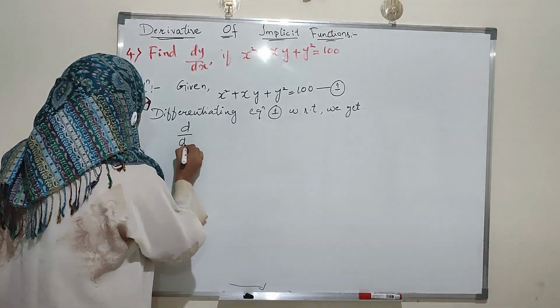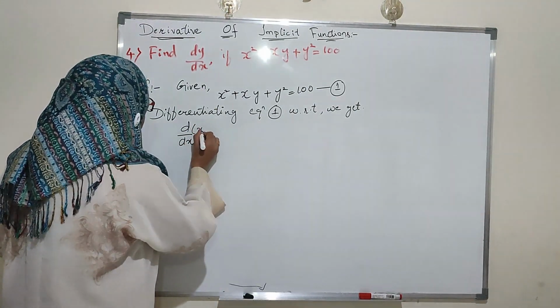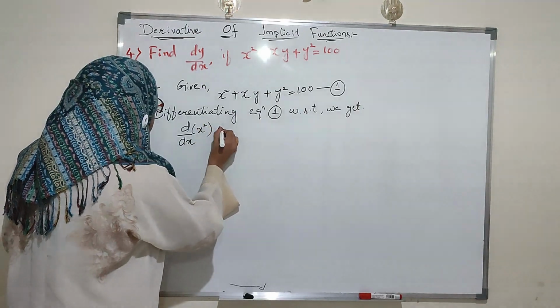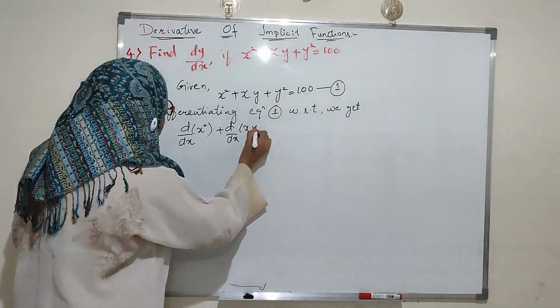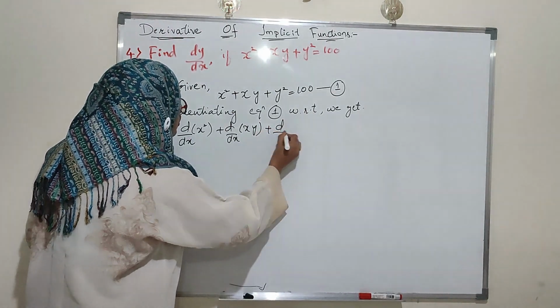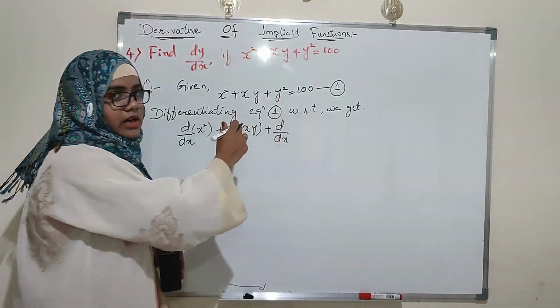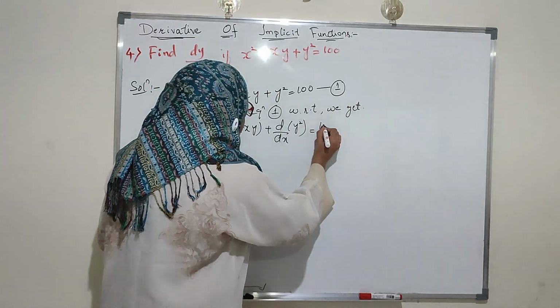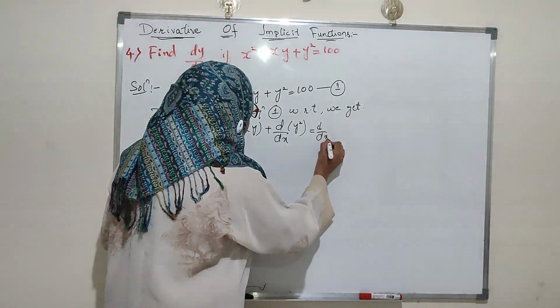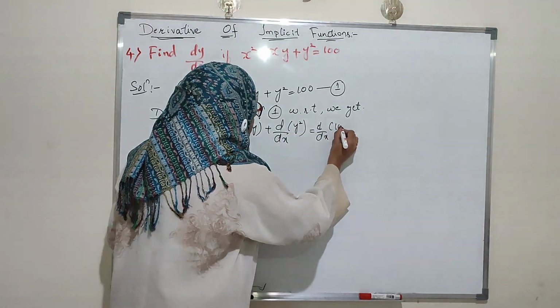differentiation of first term x square term plus differentiation of xy term plus differentiation of lastly y square term is equal to differentiation of 100.